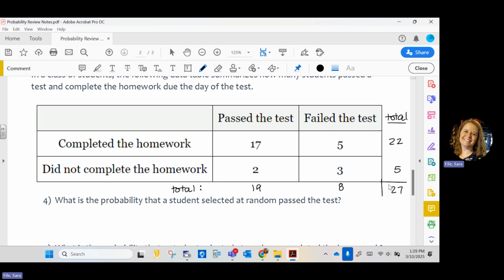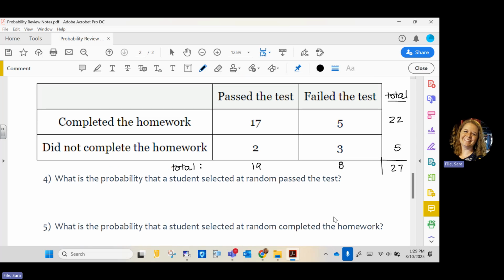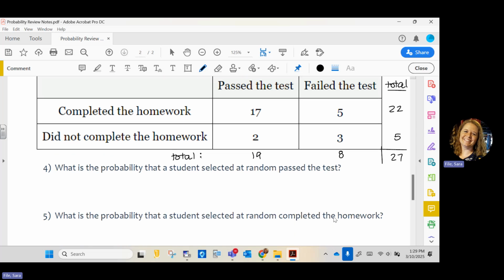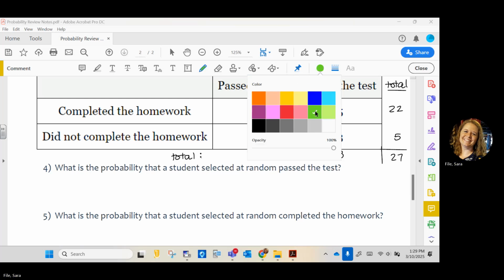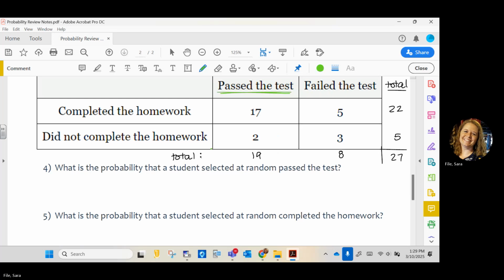We can see the breakdown of if they did the homework or not, and the breakdown of whether they passed the test or not. So we're going to use this information to find these probabilities. What is the probability that a student selected at random passed the test? So how many total students passed the test?